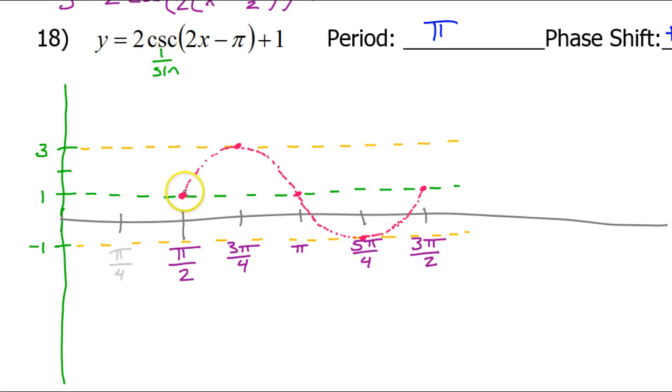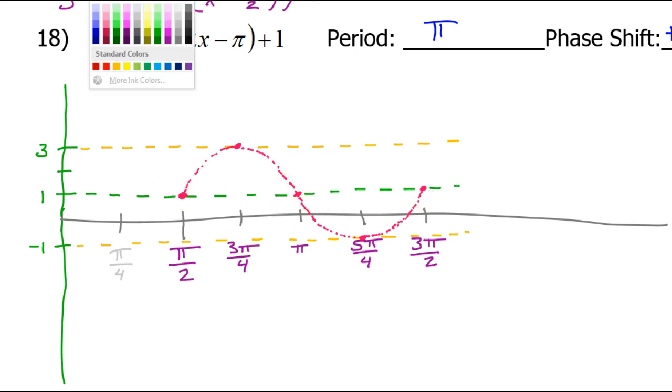That's why you're going to have an asymptote everywhere the sine function touches the midline. Even though there's been a shift now, the asymptotes are just shifting along with everything else. So the bottom line is everywhere the sine curve touches the midline, there's going to be a vertical asymptote.